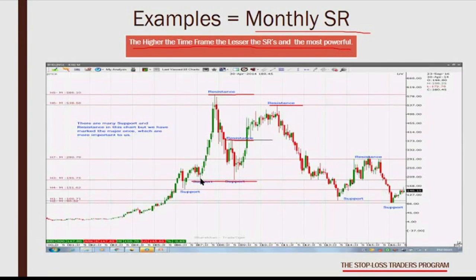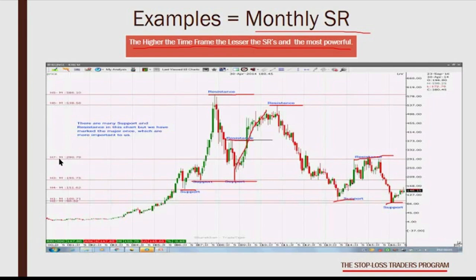But if you are taking a trade on a daily SR, you may get a reward of 10 rupees on the same chart. So the reward grows with the time frame as well, right?